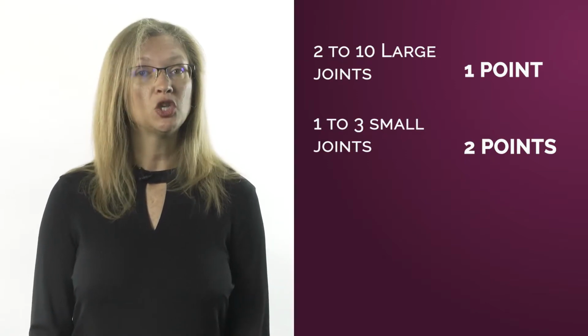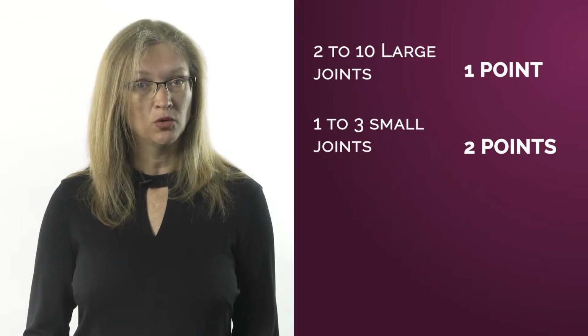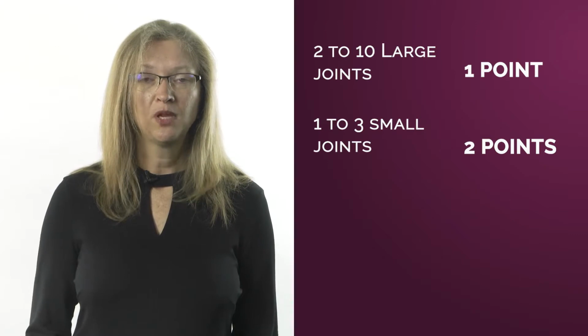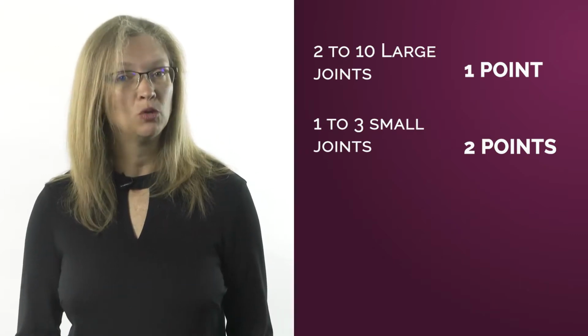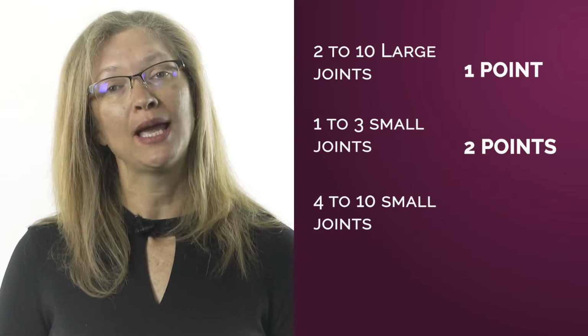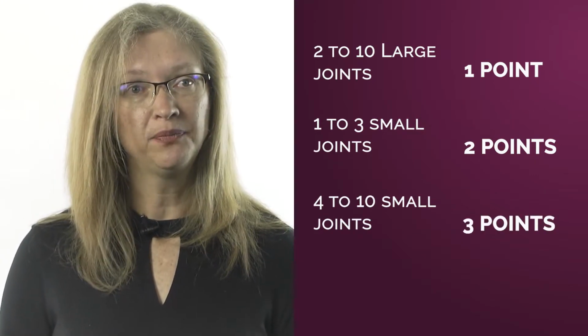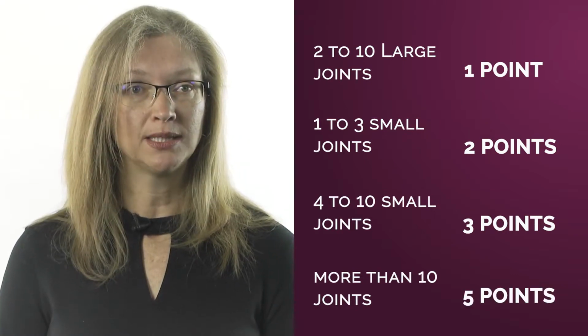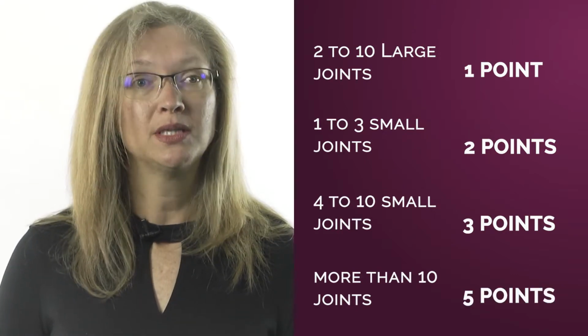That can be each knuckle, each finger joint, so there are 2 in each finger, as well as the toes. The wrist accounts for 1 small joint. 4 to 10 small joints affected allocates 3 points in the system. If more than 10 joints are affected, you get 5 points, but at least one of those joints must be a small joint.